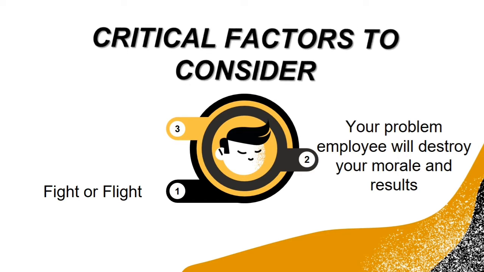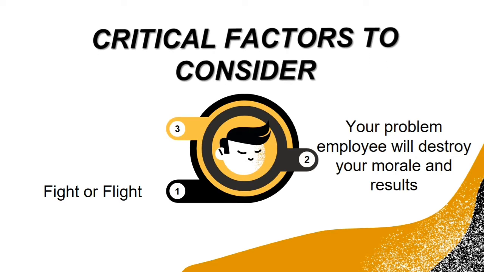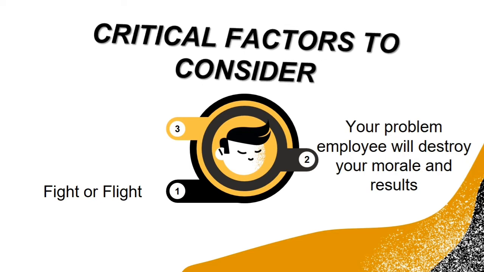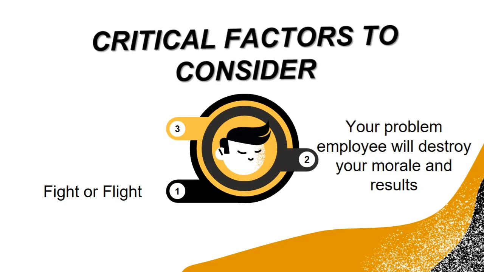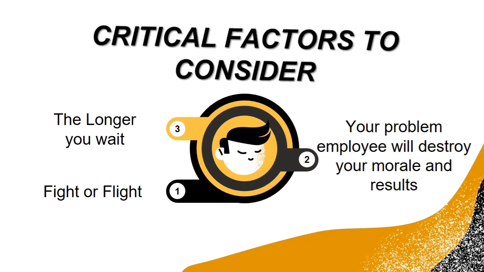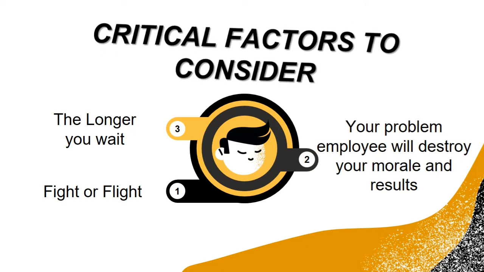So consider, if you do not do something about it today, then that problem employee might do some destructive acts against the morale of the company or the results. Then the third is the longer you wait, the longer we wait. So that might result in it being harder for us to terminate the problem employee.